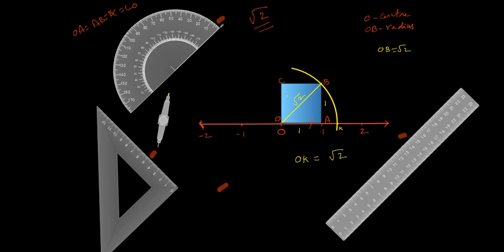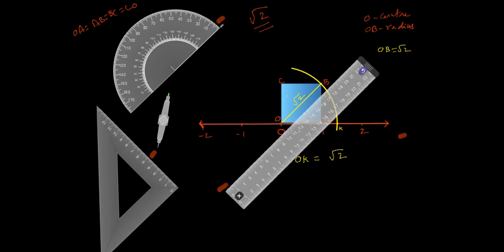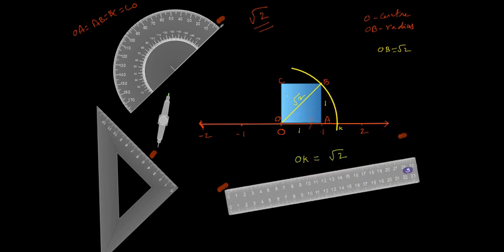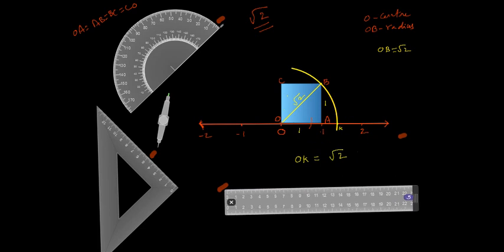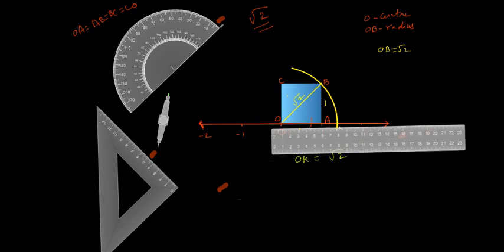You may divide each part into 10 equal parts. Then it is easy for you to find the value of root 2. Already we found with the long division method that root 2 is equal to 1.414.